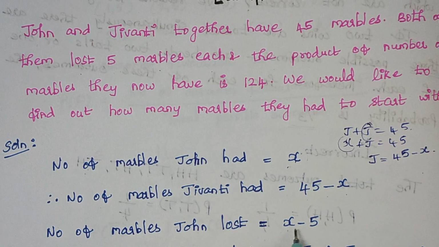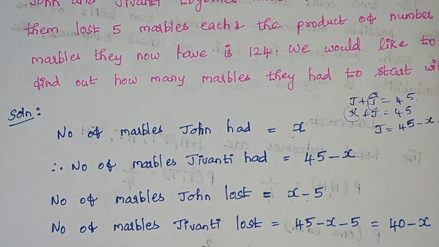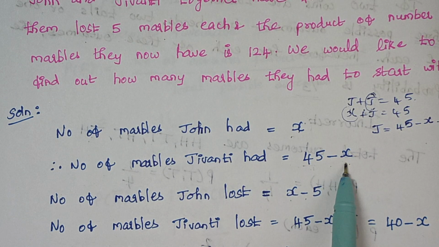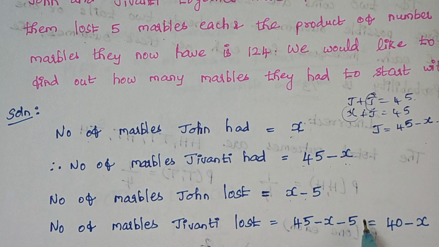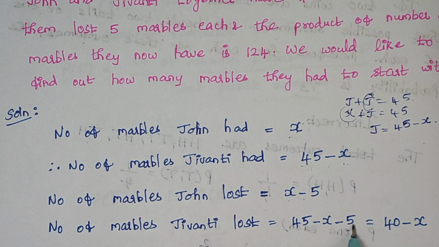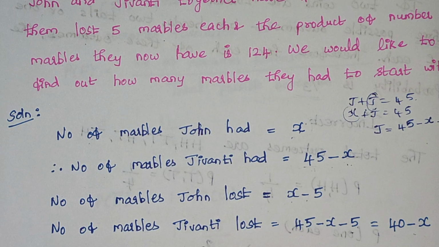So here it is x minus 5. And the next one is the number of marbles Jivanti has after losing. Jivanti has 45 minus x marbles and now she lost another 5 marbles, so it is minus 5. So 45 minus 5 is 40, so 40 minus x.